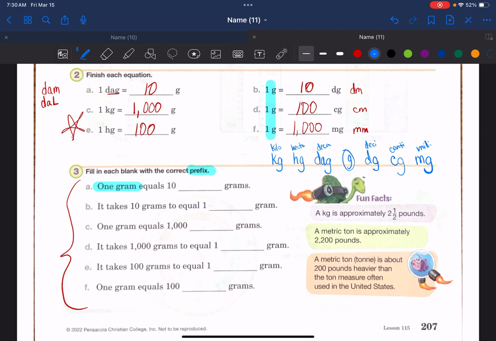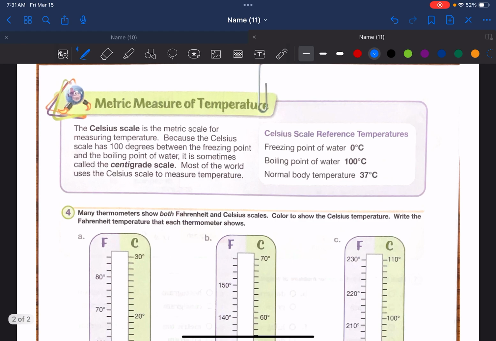That is what you're putting. This row here is what you're putting on the line down below. Okay, so do 3, please. Okay, and then these fun facts, these are kind of nice to know, just so you have an idea. And then the back side is technically a new skill.